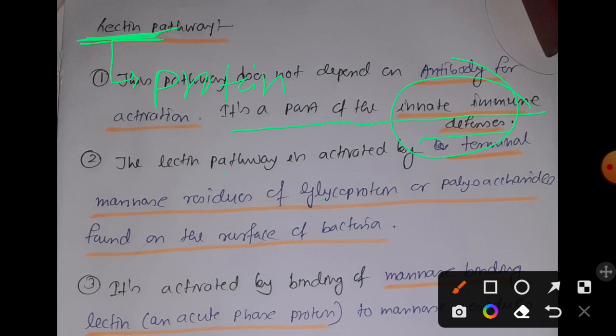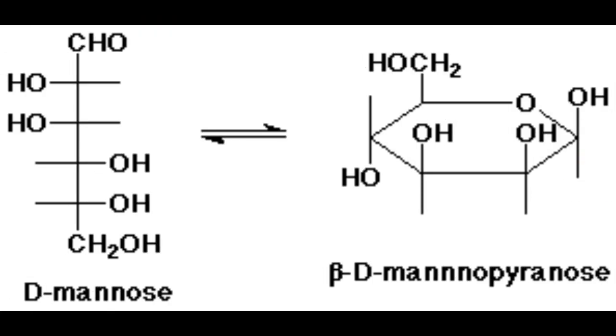What does this acute phase protein do? It recognizes or targets a specific carbohydrate, meaning it targets only one type of carbohydrate and will not react with any other type. Here the carbohydrate is mannose.